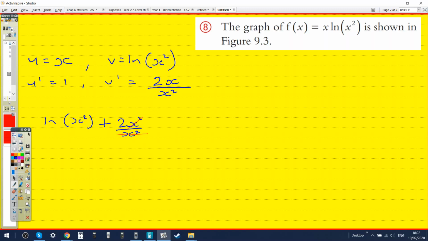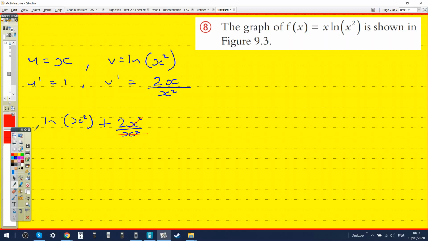How would you find any stationary points? Stationary points are when the rate of change of gradient is 0. So the second derivative is 0. Nope. You said it earlier. Oh, gradient is 0.